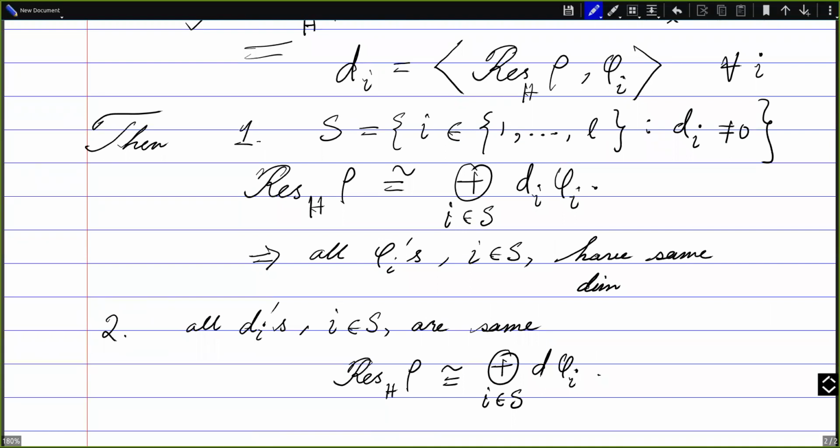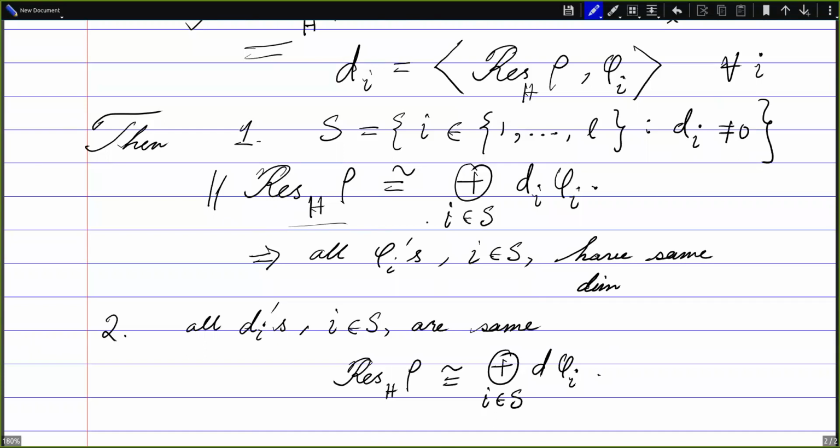So in words, the first one says that all the irreducible sub-representations of the restriction will have the same dimension, right? Because this can be decomposed as a direct sum of irreducible sub-representations, and that direct sum is isomorphic to this.